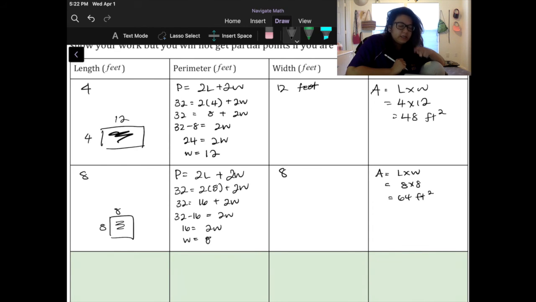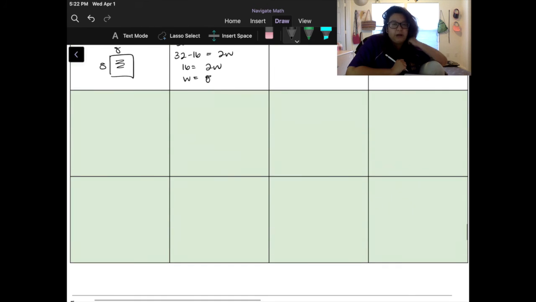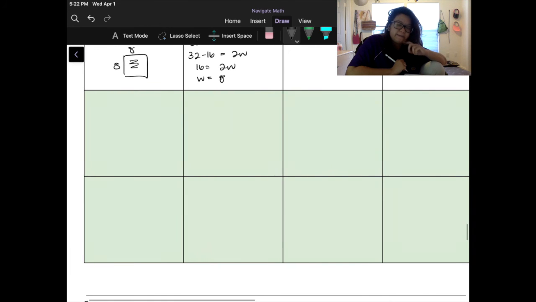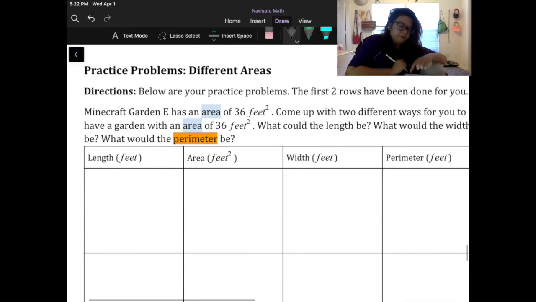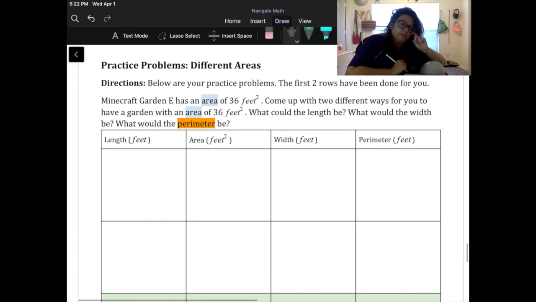But it used the same amount of materials around it. You're going to go ahead and come up with 2 other ways that you can use all of the fencing. Once you have come up with the 2 ways, fill it into your table and then move on to the next practice problem.